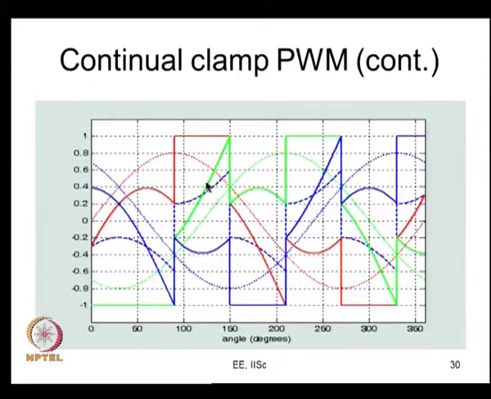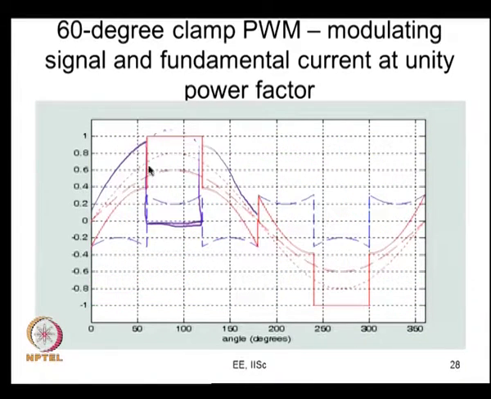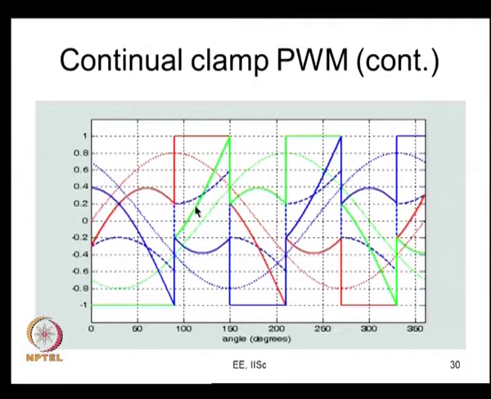It could be 30 degrees at full load, something like 0.866, so you are going to be very close to this. So, generally for lagging power factor loads, this is a good thing to use, whereas this could be a good thing for leading power factor loads, and this kind of 60 degree clamp could be a good PWM method for unity power factor loads from the point of view of switching loss.